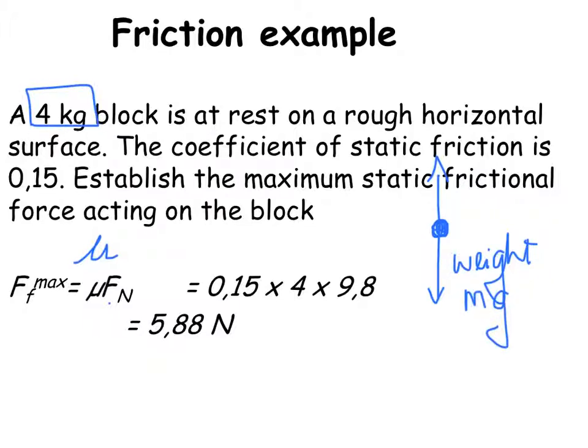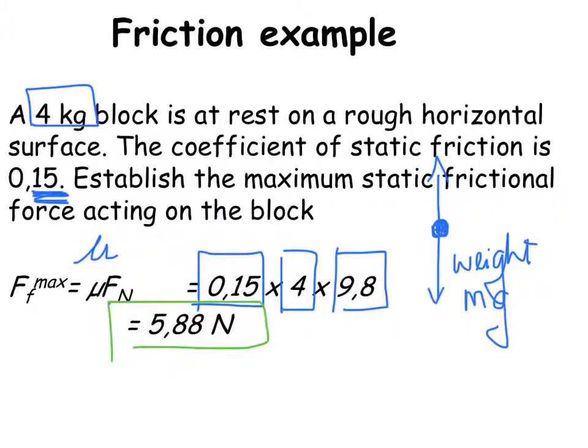It's a 4 kilogram block, mass, times gravitational acceleration on Earth, 9,8, multiplied by the coefficient of static friction on that particular surface. And I then land up with a force of friction, maximum frictional force on that particular surface for that particular object. What's important to realize is that heavier objects will have greater friction, lighter objects less. Rougher surfaces would have greater friction, smoother surfaces less.